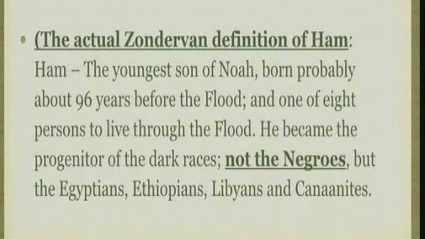He became the progenitor of the dark races, not the Negroes, but the Egyptians, Ethiopians, Libyans, and Canaanites. Now, they know who we are, not the Negroes. That's the definition in the Zondervan Bible Dictionary. That book was first published in 1959. It's been revised and republished a few times.